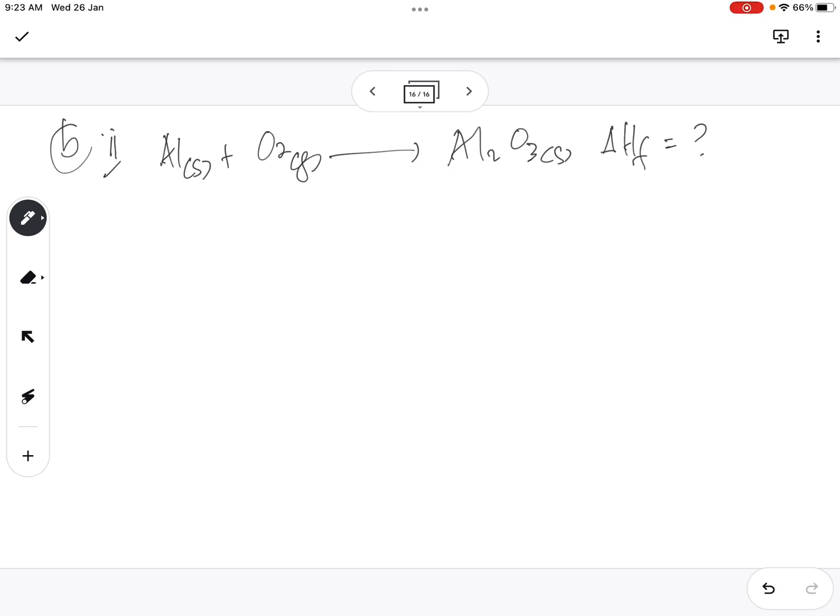Remember, the definition of enthalpy of formation is the heat change when 1 mole of compound is formed from its elements. So aluminium balance is 2, oxygen 3, so 3/2. We get this equation, which is the thermochemical equation.